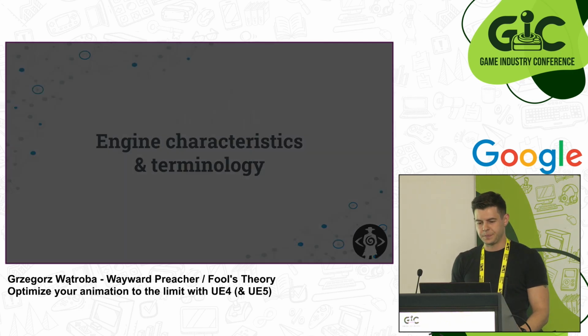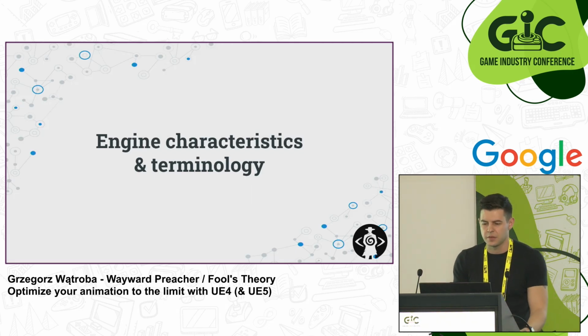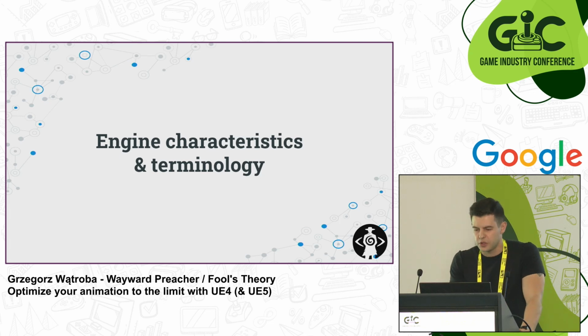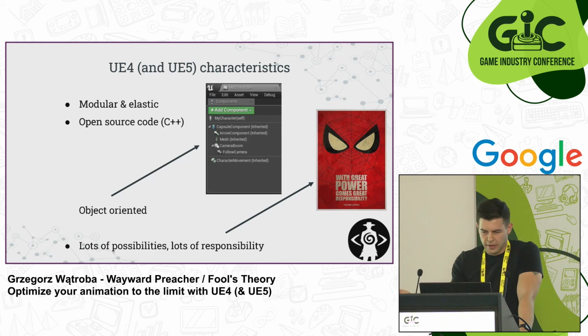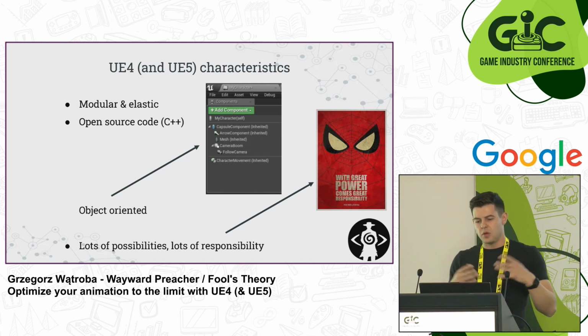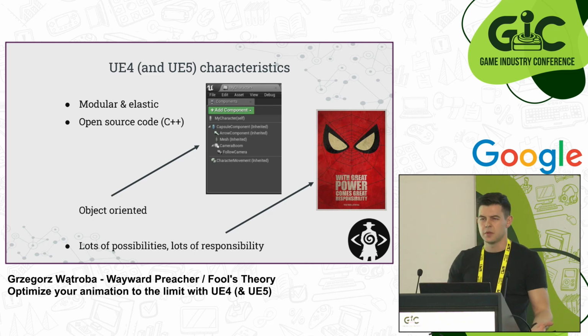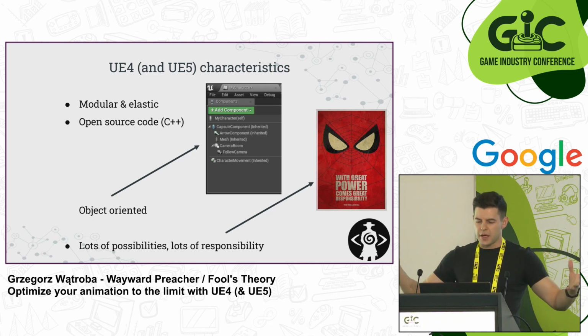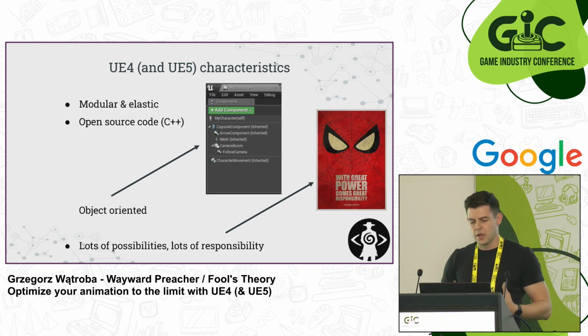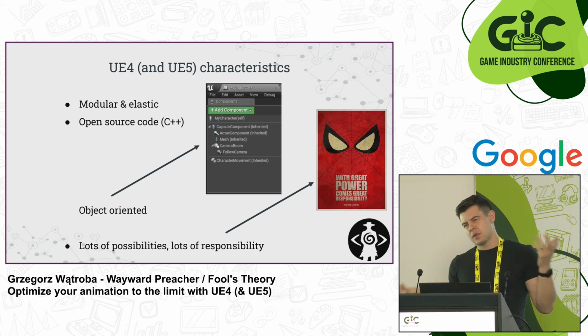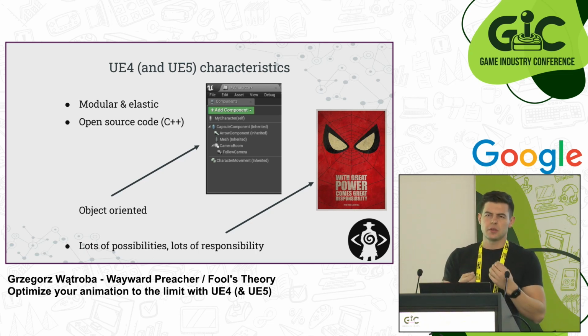So let's describe some of the engine mechanics to be more aware of the challenges and definitions that we'll face during this presentation. The engine is written in C++, has an openly accessible structure and code, and is very modular, allowing you to turn many things off and on. It's object-oriented, so it relies on actor-component relations, where every actor and component has at least its own update phase, and everything is mostly built according to human intuition.